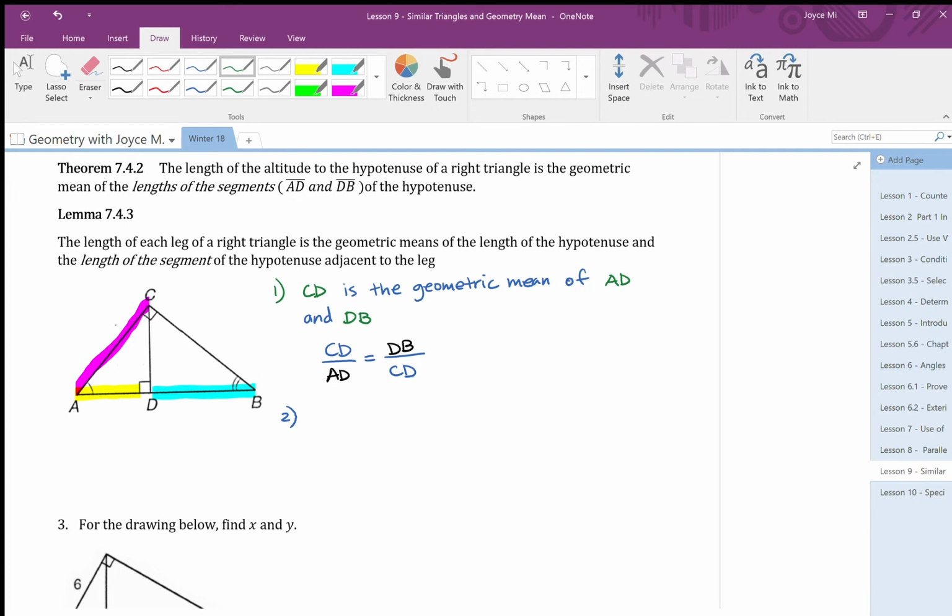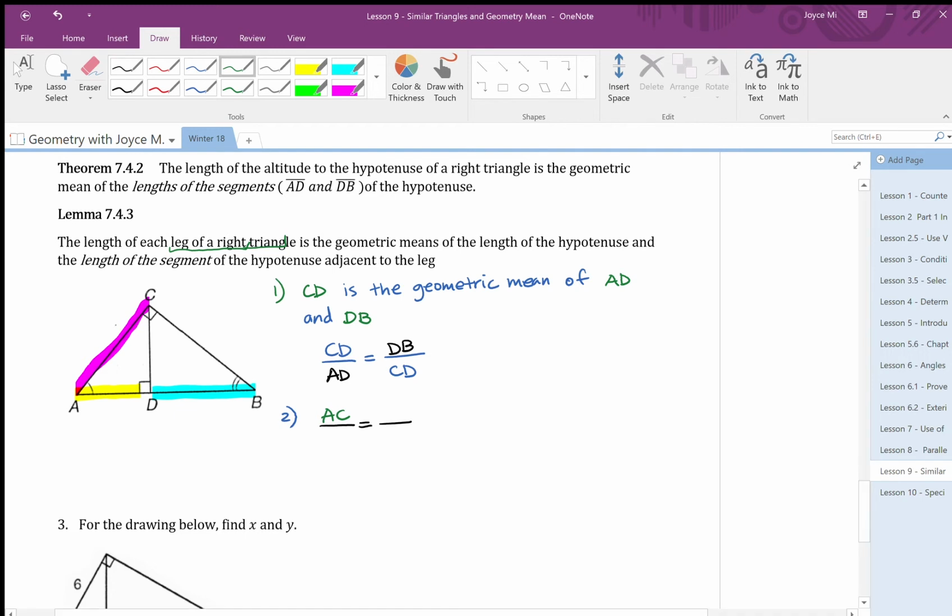So the length of each leg of a right triangle. Let's do one of them. We're saying that AC is the geometric mean of something. Well, what is it a geometric mean of?